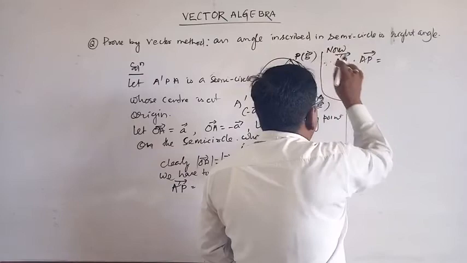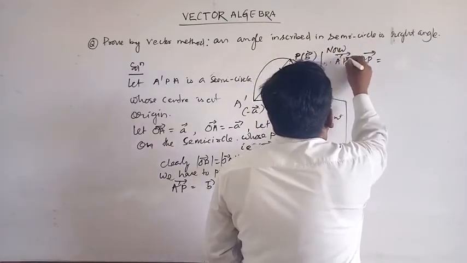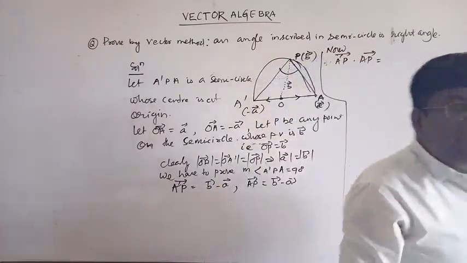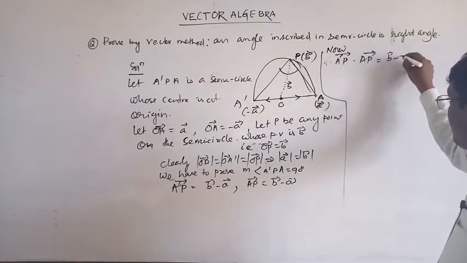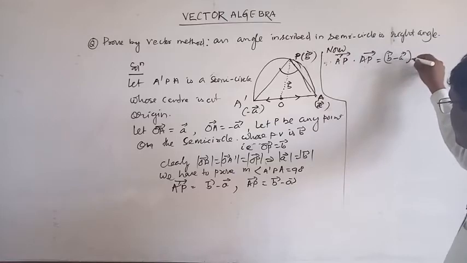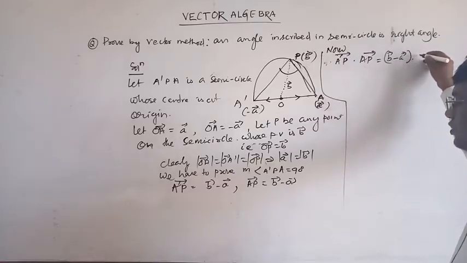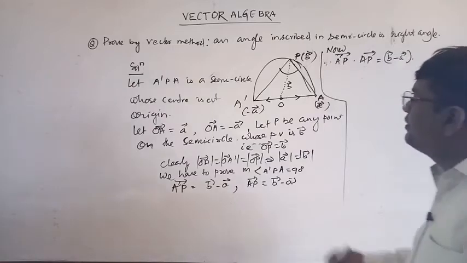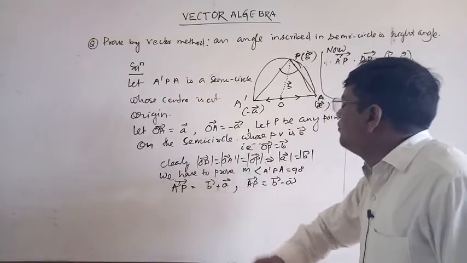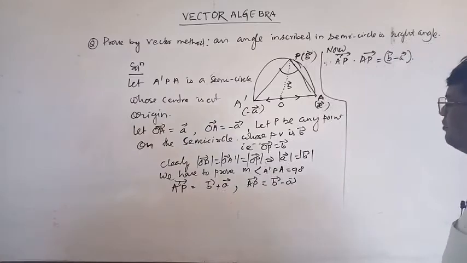Now A'P and AP vector is equal to what? B minus A dot, so this AP means what? This is B vector plus A vector, minus of one.